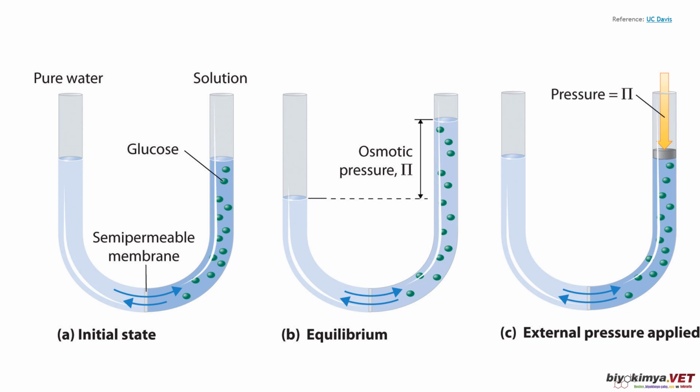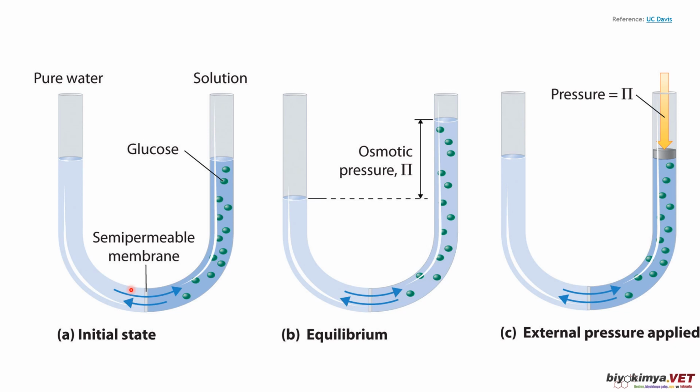This figure explains osmotic pressure by using a U tube. In A, the initial state, the dilute solution of glucose in water is placed in the right arm of the U tube, and the left arm is filled with pure water to the same height. A semi-permeable membrane separates the two arms.